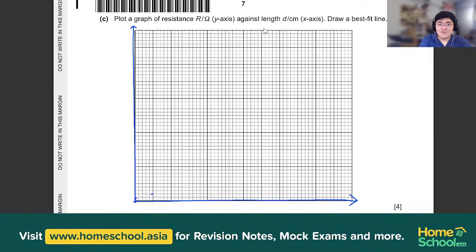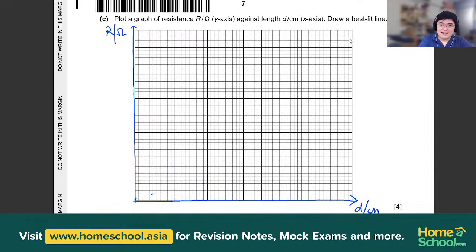So as stated over here in the graph, you are to plot a graph of resistance, which is R, and it is ohms over here in the y-axis. So let's write down R slash ohms over here against length D in cm on the x-axis. So let's write down D slash cm over here.